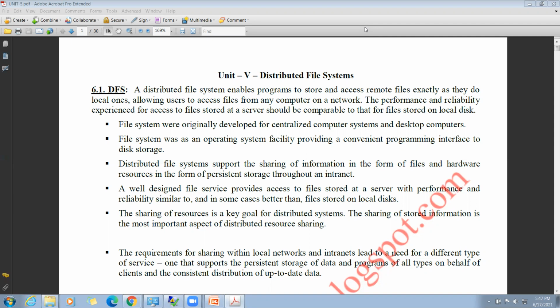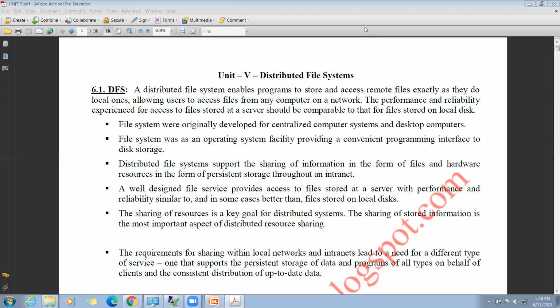A distributed file system enables programs to store and access remote files exactly as they do local ones. Like normal files in a local system where we store some data, by using remote access it works exactly like local ones, allowing users to access the files from any computer over the network.